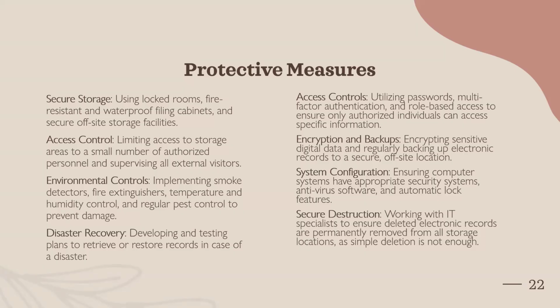And regular pest control to prevent damages, regular fumigations in our offices, because pests exist with people. So we need to regularly ask the admin to do fumigation of our offices to avoid our documents from being eaten up by rodents or something.